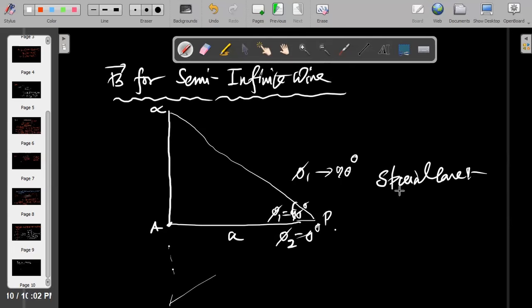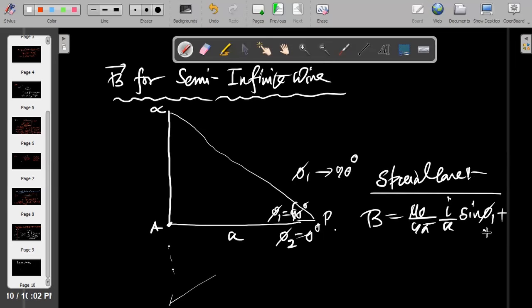A special case where B is nothing but the same thing we need to do, same formula. Instead of phi 2 being 90 degree, we are getting only sine phi 1 plus sine phi 2, right? This is the formula. So phi 2 is 0, which means this will be sine 0, so it will go to 0 and this will tend to 1.